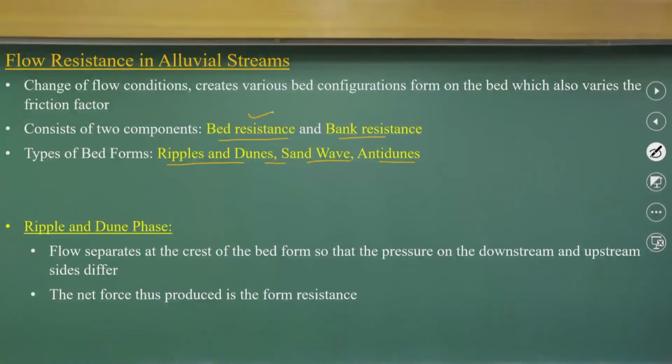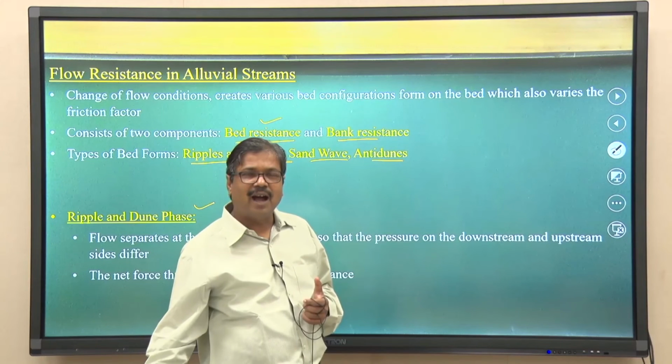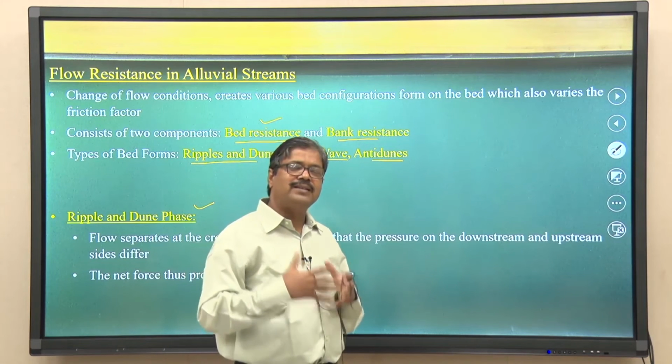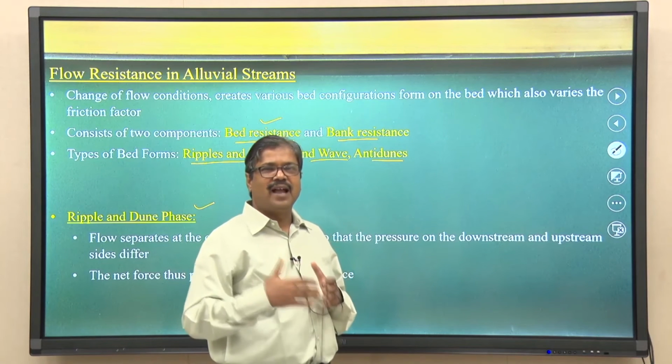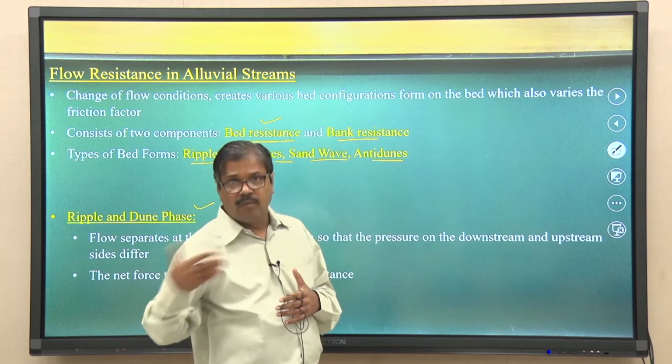So, basically you will have ripples and the dune phase. As I discussed in the last class, we are not going into much detail on how the Manning's roughness coefficient varies as we change the bed forms.